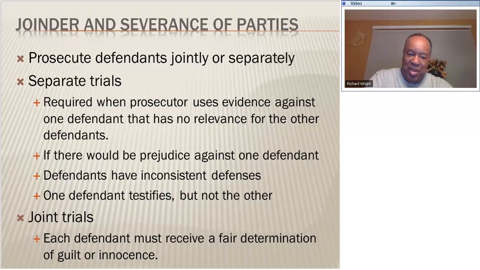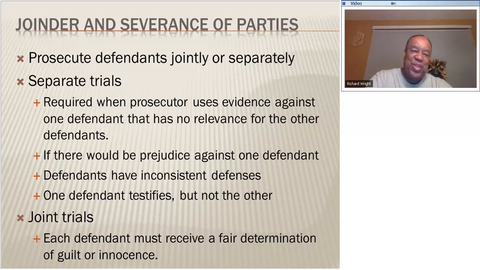When I was at Northwestern and we were learning about joinder and severance of parties, it was presented to us in a fashion that we learned a lot of stuff very extensively, and sometimes it's very convoluted, very detailed, and deeper than it had to be. So anyway, prosecute defendants jointly or separately.